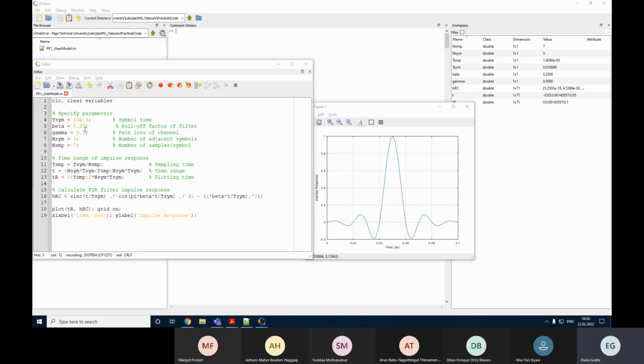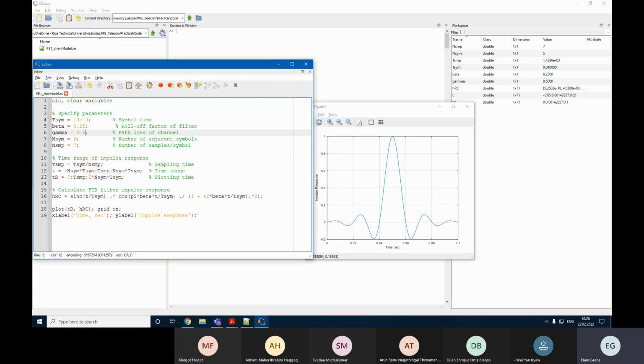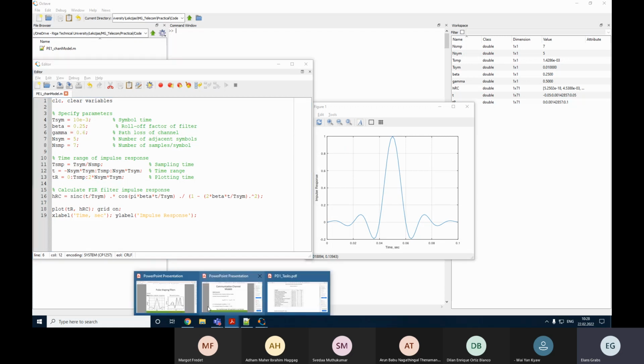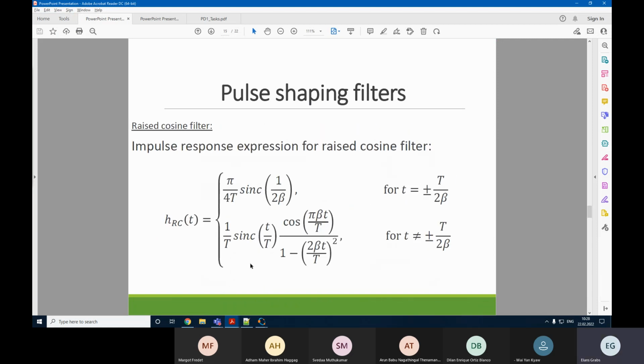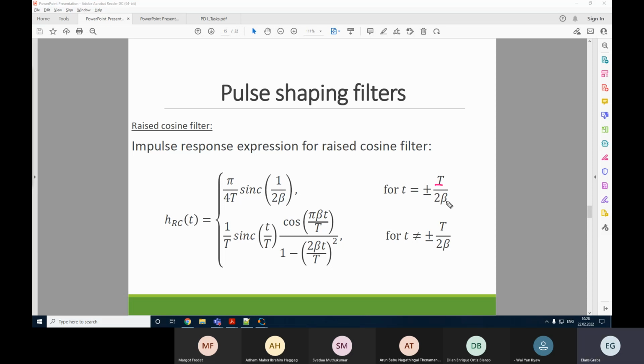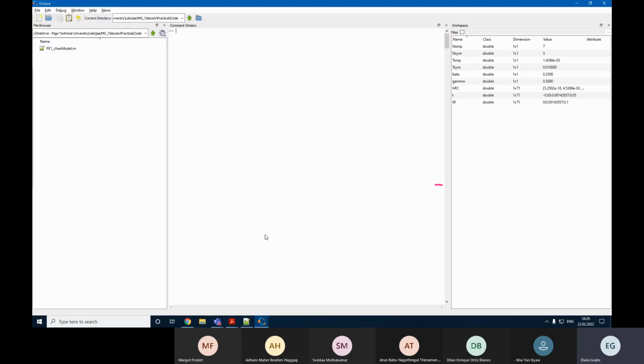Actually, let us find what time we might experience problem, because the formula specifies this value, right? So the formula says that we need to do that for time at t symbol divided by double beta, right? So I'm going to calculate that time, t symbol divided by 2 divided by beta, and it is exactly 20 milliseconds, right?